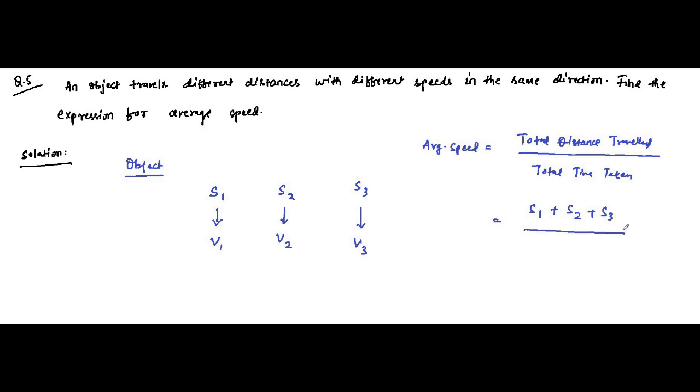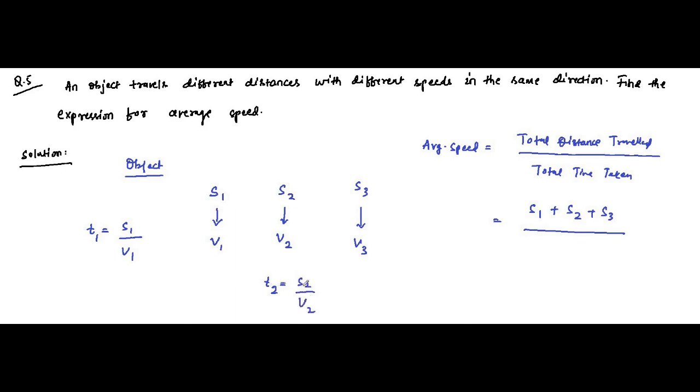Time. Now the object covers distance S1 with speed V1. So the time taken by the object to cover this distance S1 is T1, which is S1 by V1. Similarly, the object covers a distance S2 with speed V2. So the time taken to cover this distance S2 is S2 by V2.